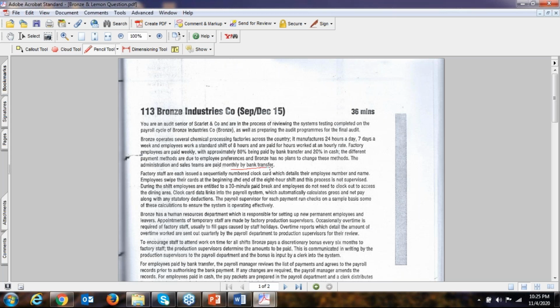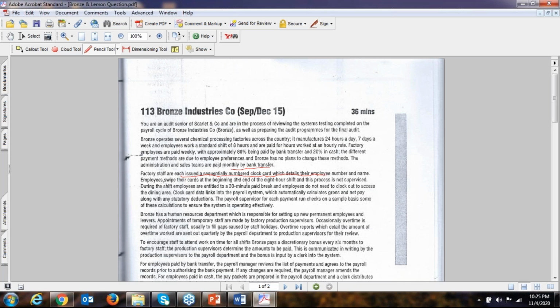Okay, wait. Factory staff are each issued a sequentially pre-numbered clock card. This is a control which is designed by the management. Factory staff are each issued a sequentially numbered clock card which details their employee number and name.